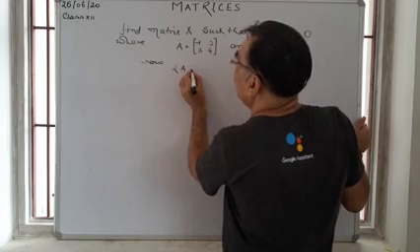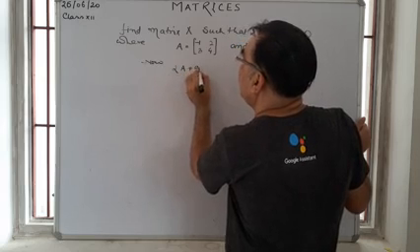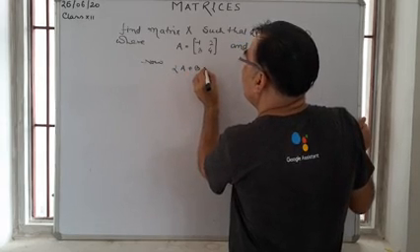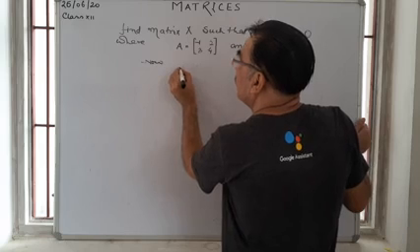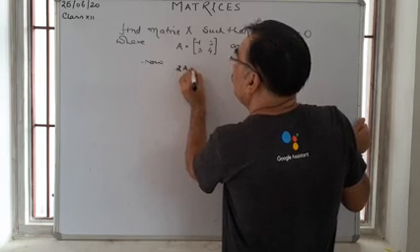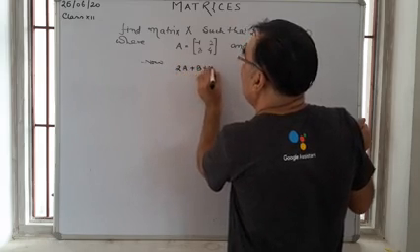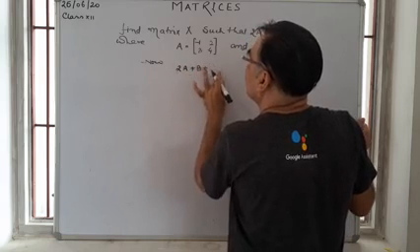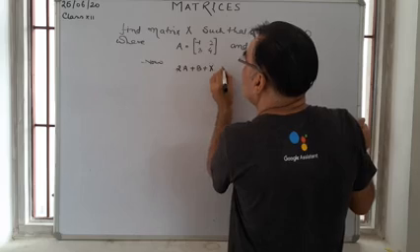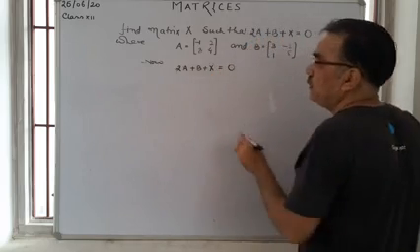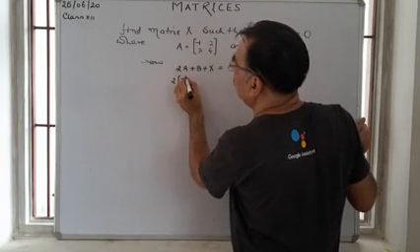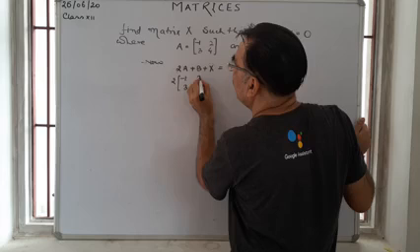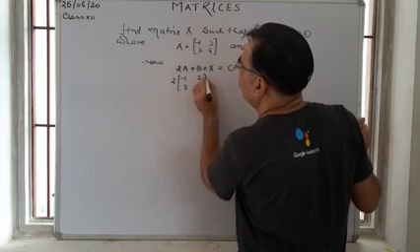Now 2A plus B plus X is equal to 0, given. Then 2A, what do we write? 2A is minus 2, 4, 6, 8.